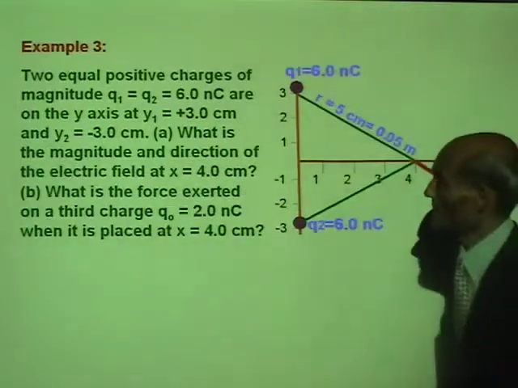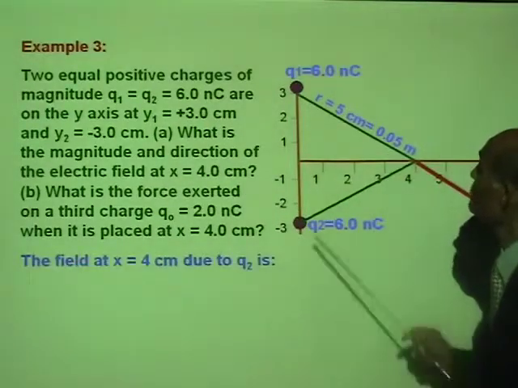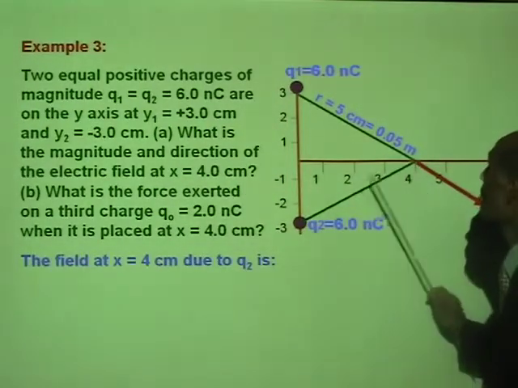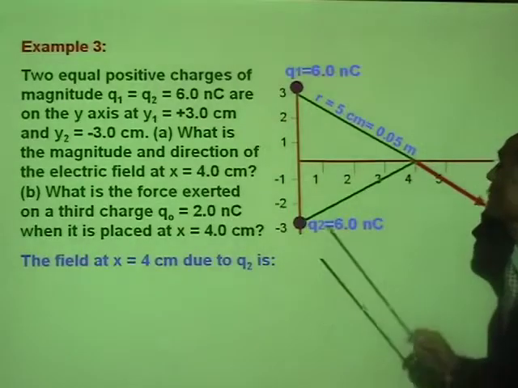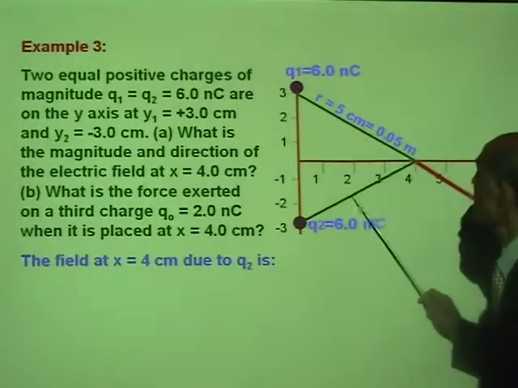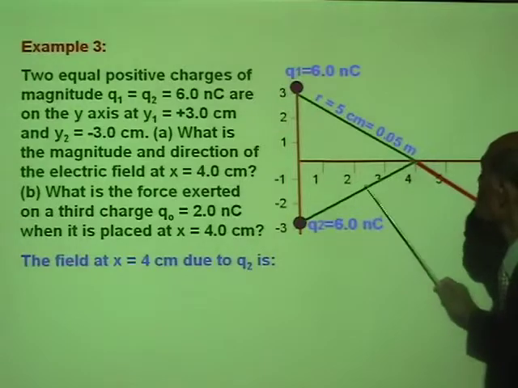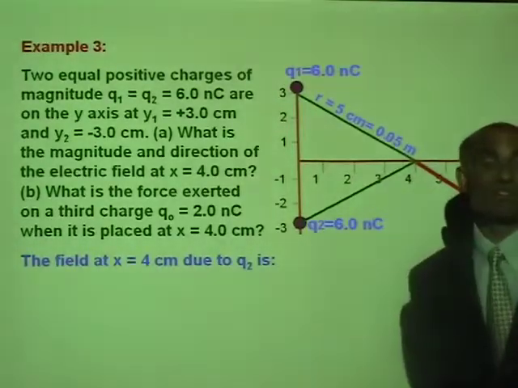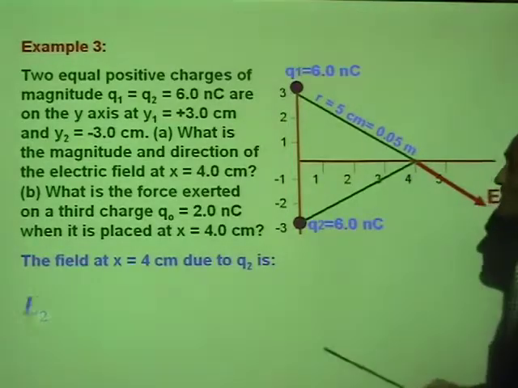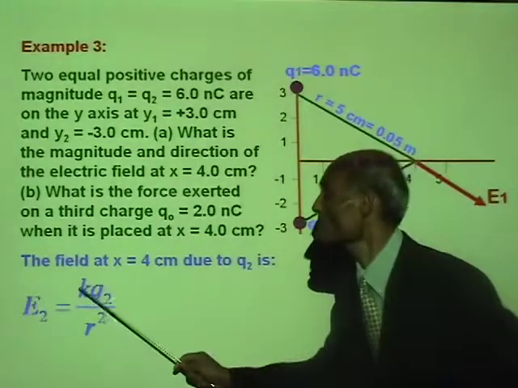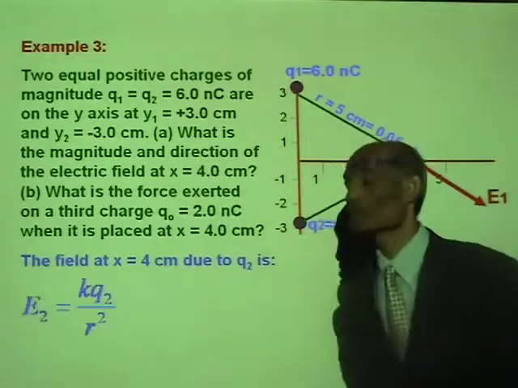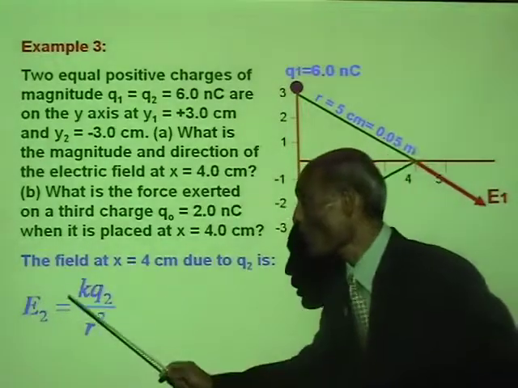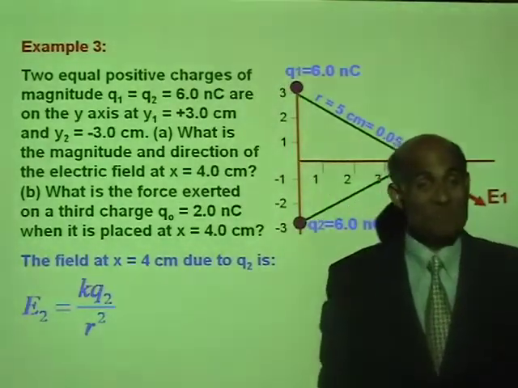Alright, let's now find E2, the field at x equal to 4 due to Q2. Now the distance of Q2 from the point is this same distance, 0.05 meter. Is that right? Okay, so E2 equal to KQ2 over R squared, and all these values are the same as before.